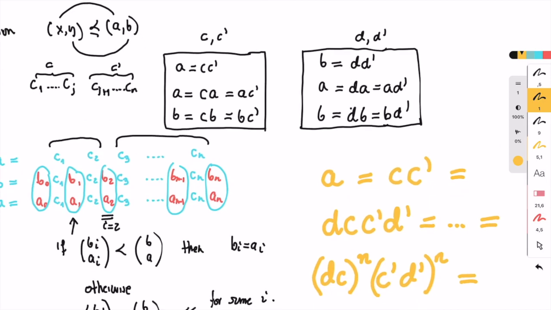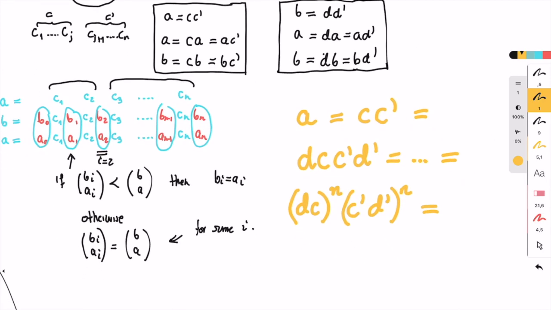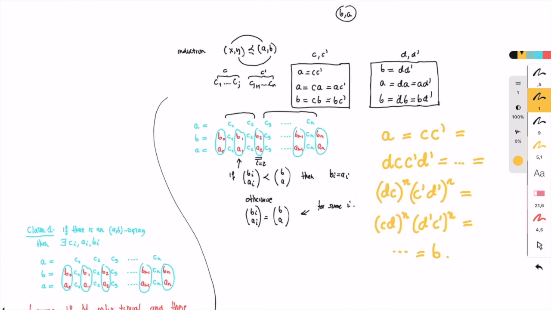Now, thanks to infix triviality, I can swap this and then continue and get back to B. So I have just proved A equals B, and thus I have finished the lemma.